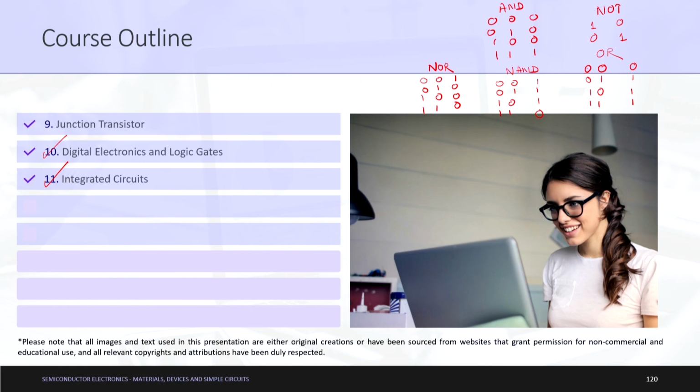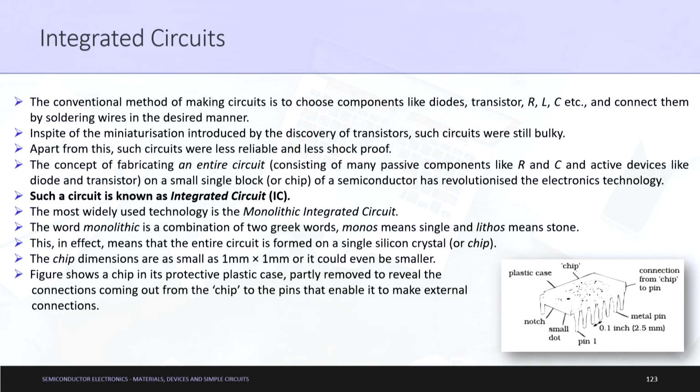Okay, so, integrated circuits. The conventional method of making circuits is to choose components like, so now you know what is a diode, you know what is a transistor, you know what is a resistor, you know what is an inductor, you know what is a capacitor, correct, everything. Now, this is the ending of your class 12th final lecture.